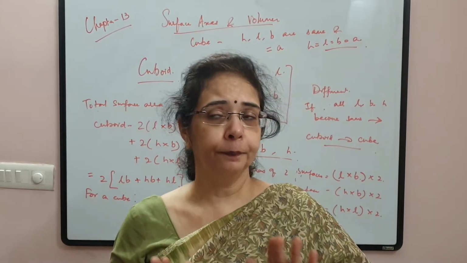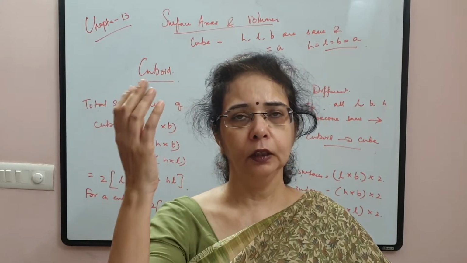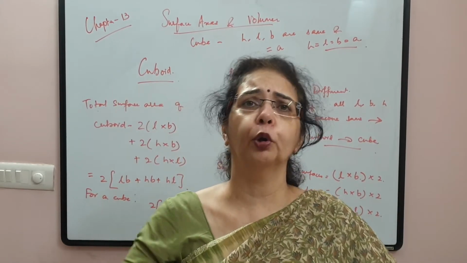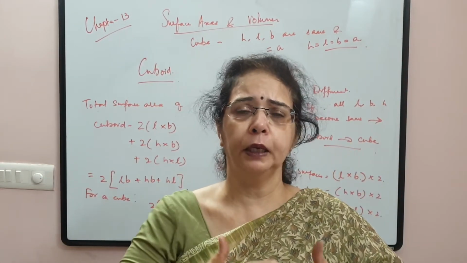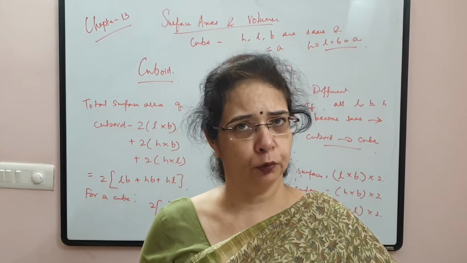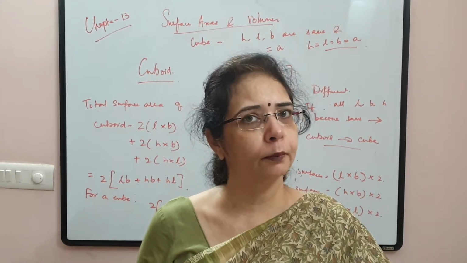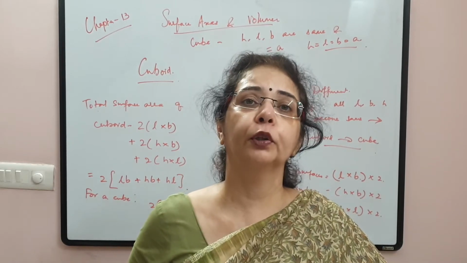So children, whenever you have to calculate the area of the ceiling, that would be the same as the area of the floor, because the ceiling is built right above the floor. So the surface area of the floor would be identical to the surface area of the ceiling, which would be L into B, length into breadth, because these are the two dimensions taken into consideration for the floor.